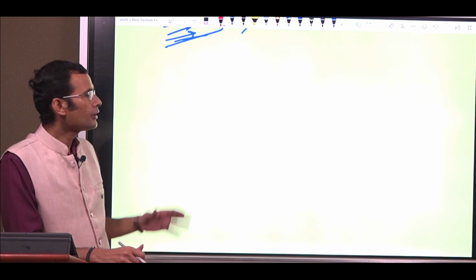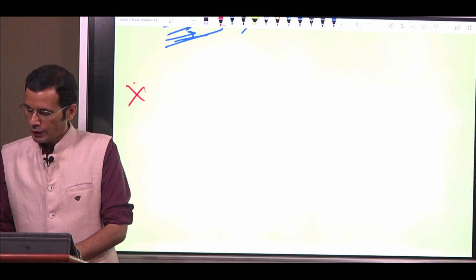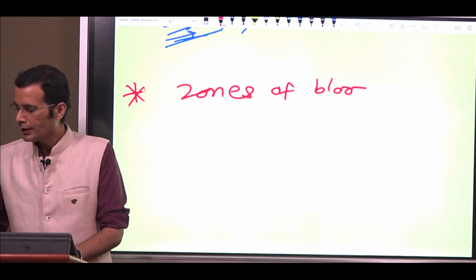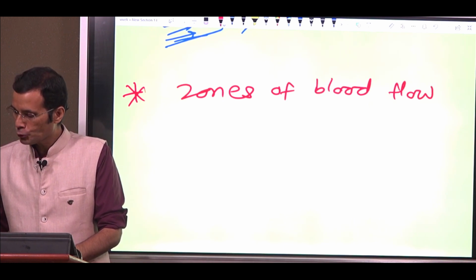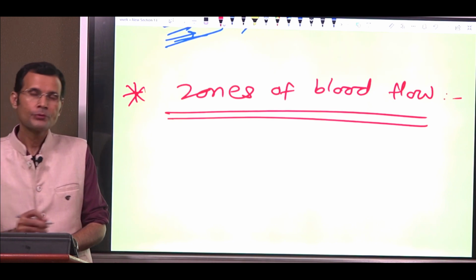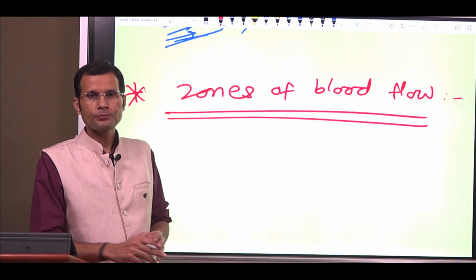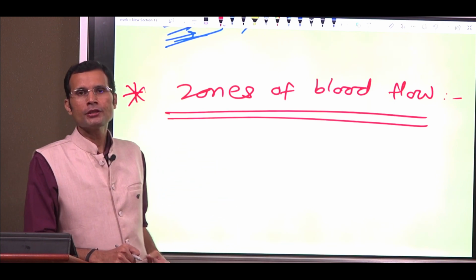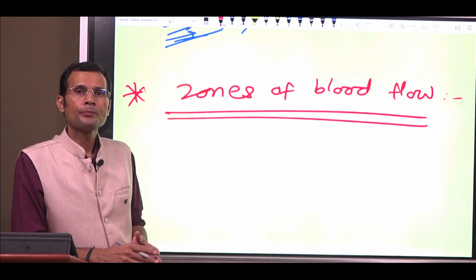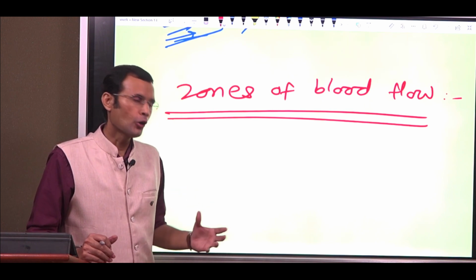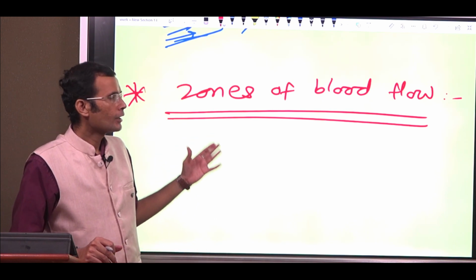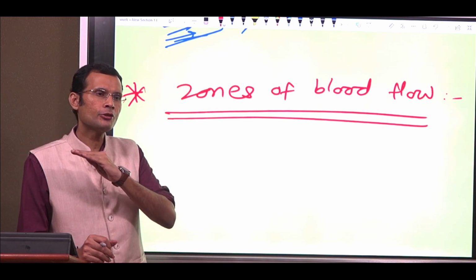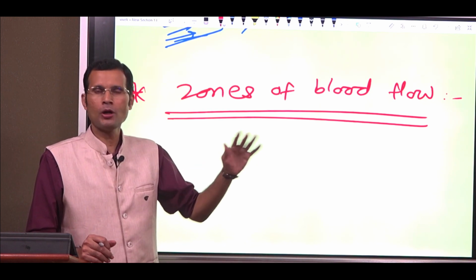And the final point is the zones of blood flow in the lungs. There are zones of blood flow seen in the lungs. This is again a special, unique feature of the lungs. Normally, in any organ, the blood flow is generally uniform throughout that organ.